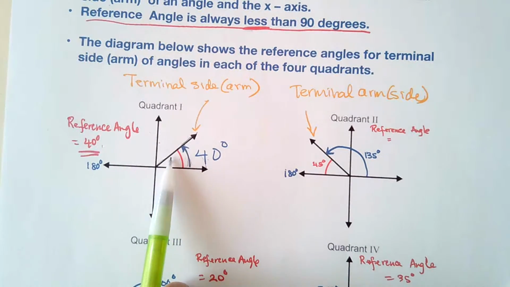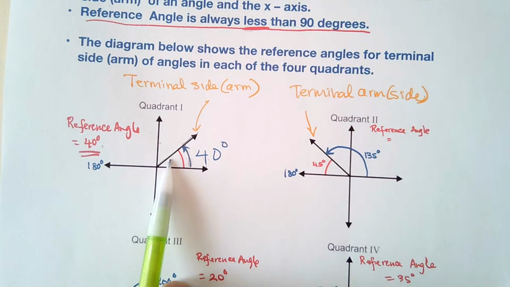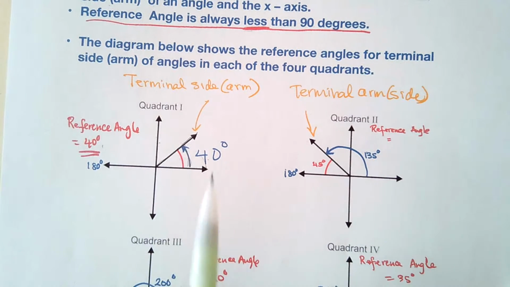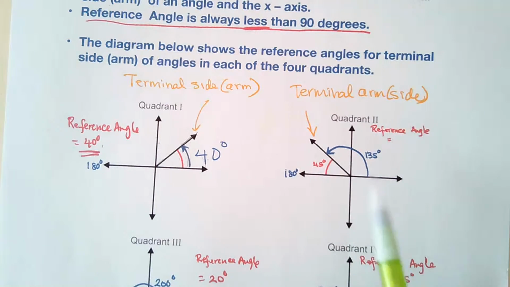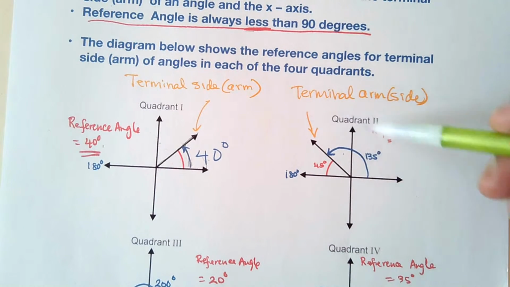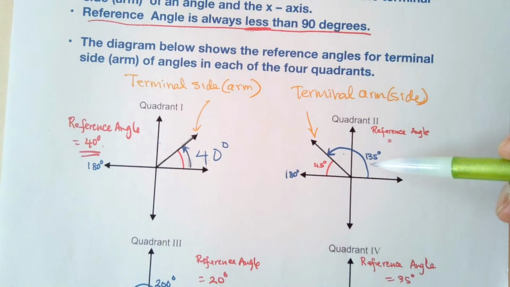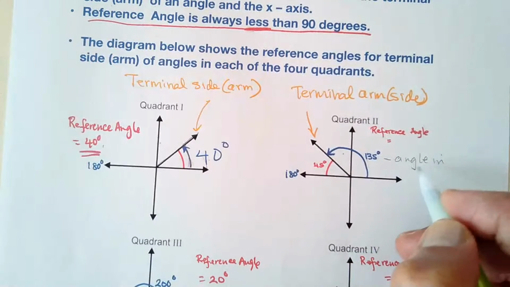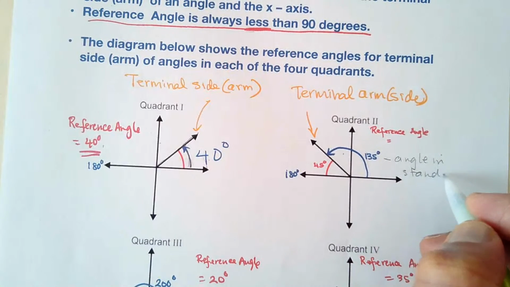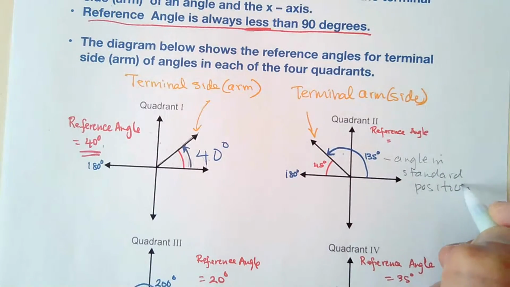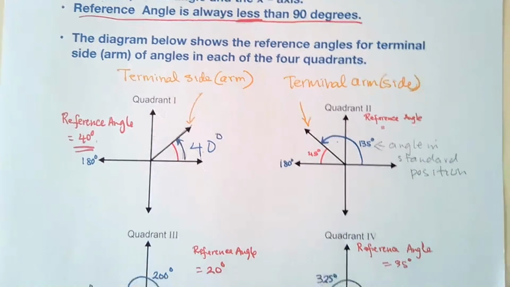So anytime your angle in standard position is less than 90 degrees, it will be the same as your reference angle. It will be different here. Here we have an angle in standard position of 135 degrees.